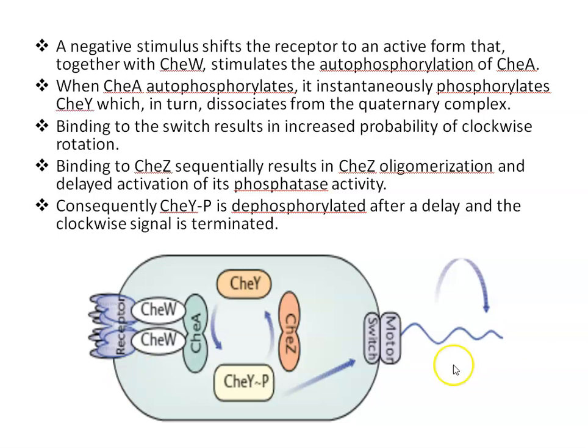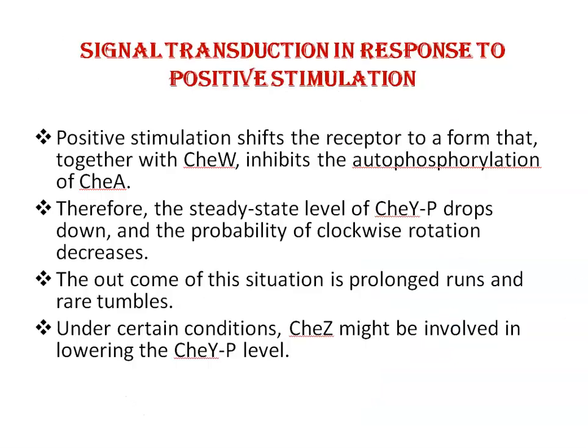Chemotaxis YP has a relatively high affinity for the switch protein FLIM and the phosphatase chemotaxis Z. So binding to the switch results in increased probability of clockwise rotation and therefore the cell tumbles frequently. Binding to chemotaxis Z sequentially results in chemotaxis Z oligomerization and delayed activation of its phosphatase activity. Consequently, chemotaxis YP is dephosphorylated after a delay and the clockwise signal is terminated.